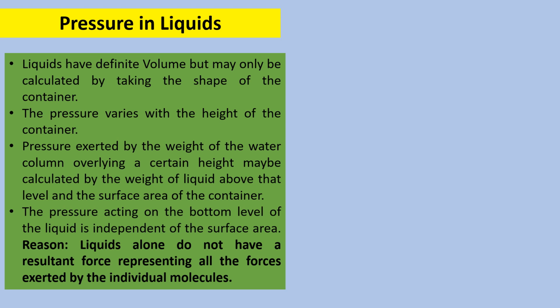So we can calculate the pressure at the bottom of a liquid, which acts as our cross-sectional area, by calculating the weight of the liquid depending on the volume, and if we have the density, we can get the force or the weight. So the pressure varies with height of the container. Height is a very important parameter in calculating the pressure in liquids.